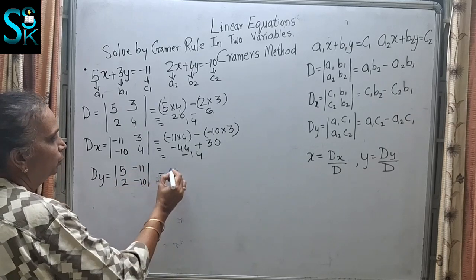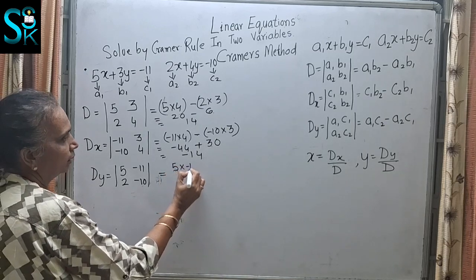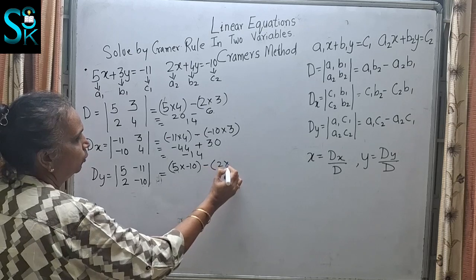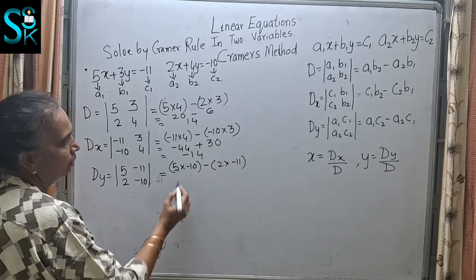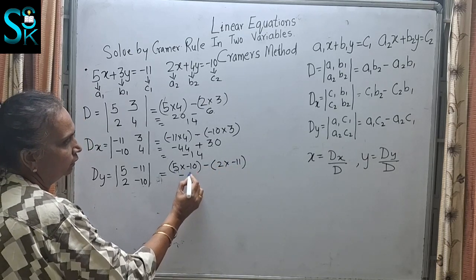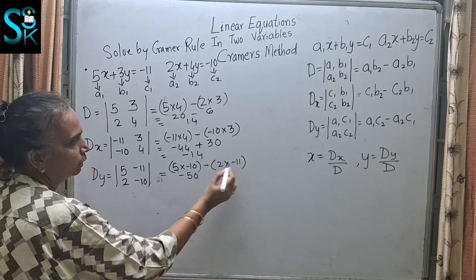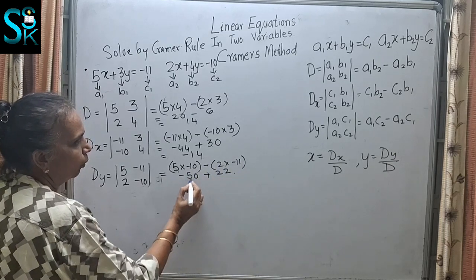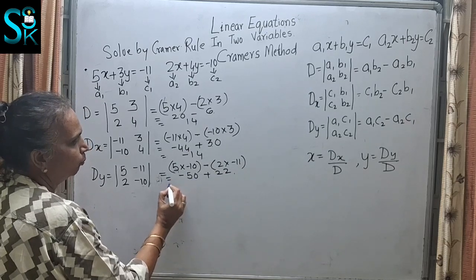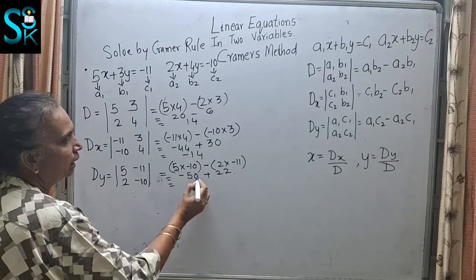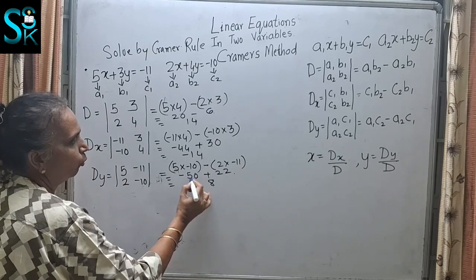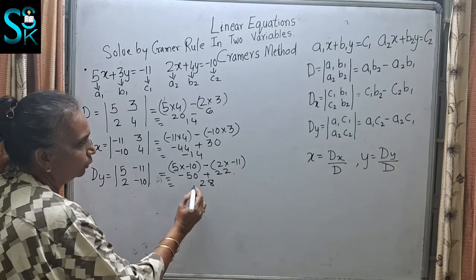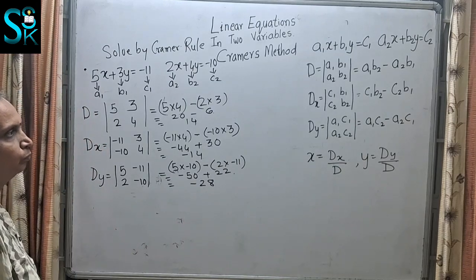So you write 5 into minus 10, minus 2 into minus 11. Plus into minus is minus, 5 tens are 50, minus into minus is plus, 11 twos are 22. Minus 50 plus 22 is minus 28.